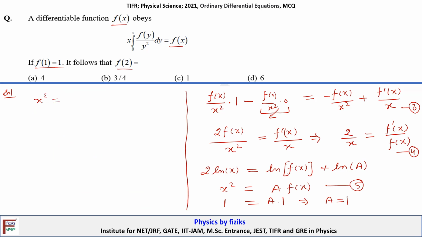Now we find the value of our function at x equal to 2. Then f of 2 is equal to 2 square, which becomes 4, which corresponds to option A, and hence option A is the correct option.